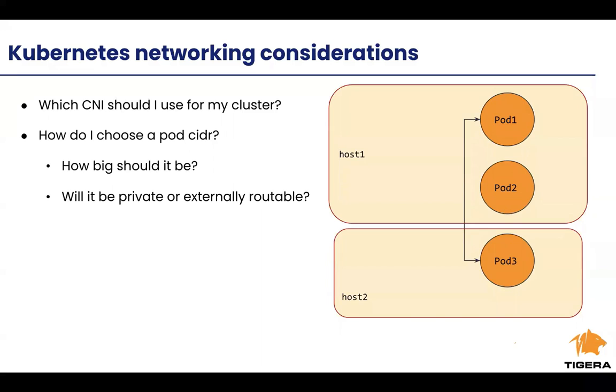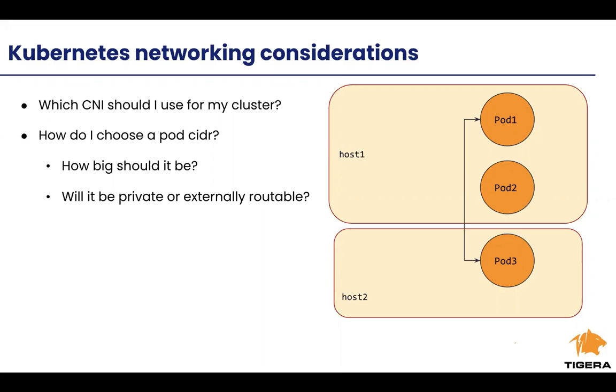As far as how big it should be, you have to consider how many nodes are going to be in my cluster, how many pods are going to run on each one of my nodes, and whether I have enough address space to allocate IPs for each individual endpoint that's going to run inside of my cluster. If you assigned your cluster a /24, that's only 256 IP addresses.